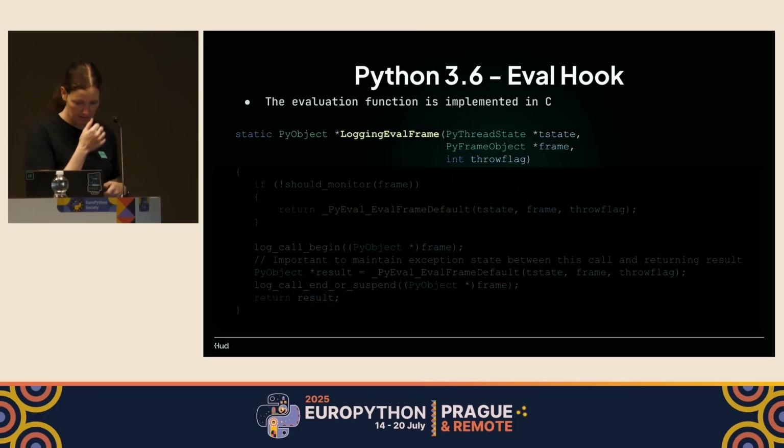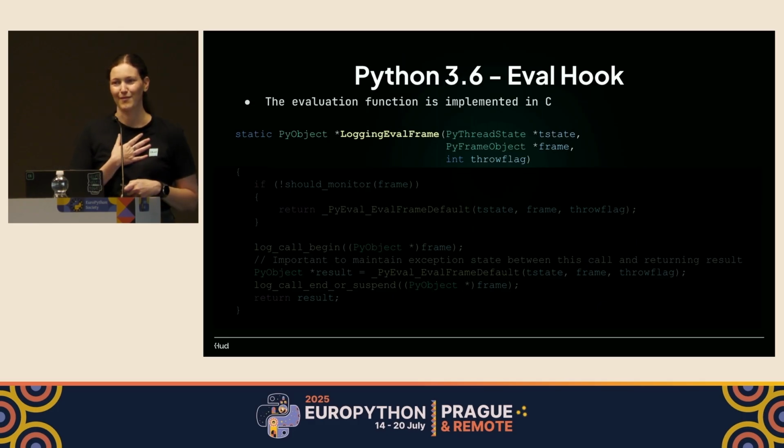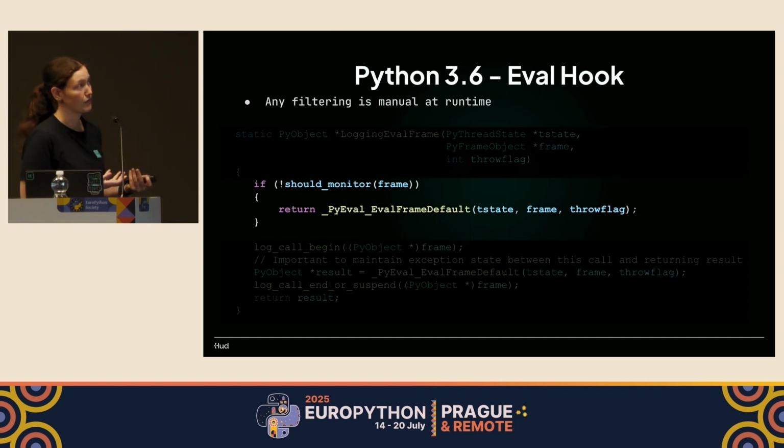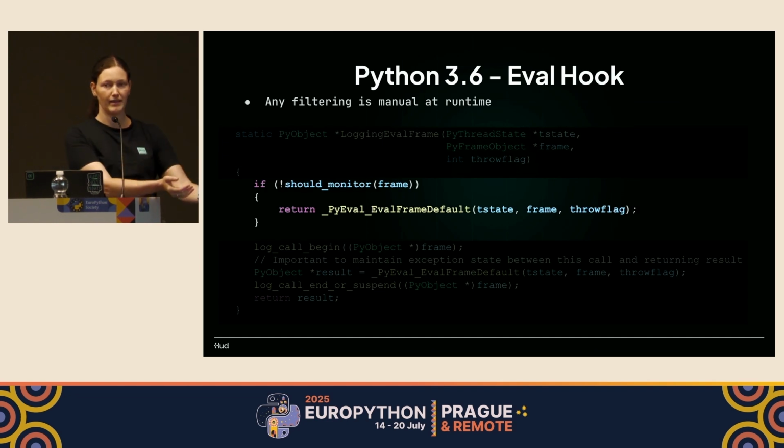And let's look at the implementation. I'm sorry, this is EuroPython, but I'm going to show it in C, because Python is beautiful C anyway. Basically, the first thing that we have to do is filter. Once a frame is being evaluated, we have to understand if we want to monitor that or not in terms of the context.